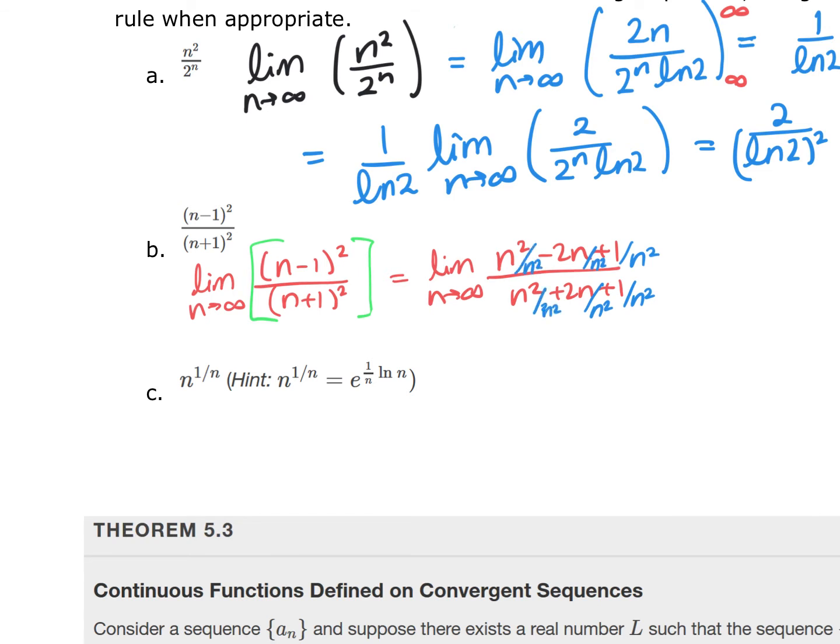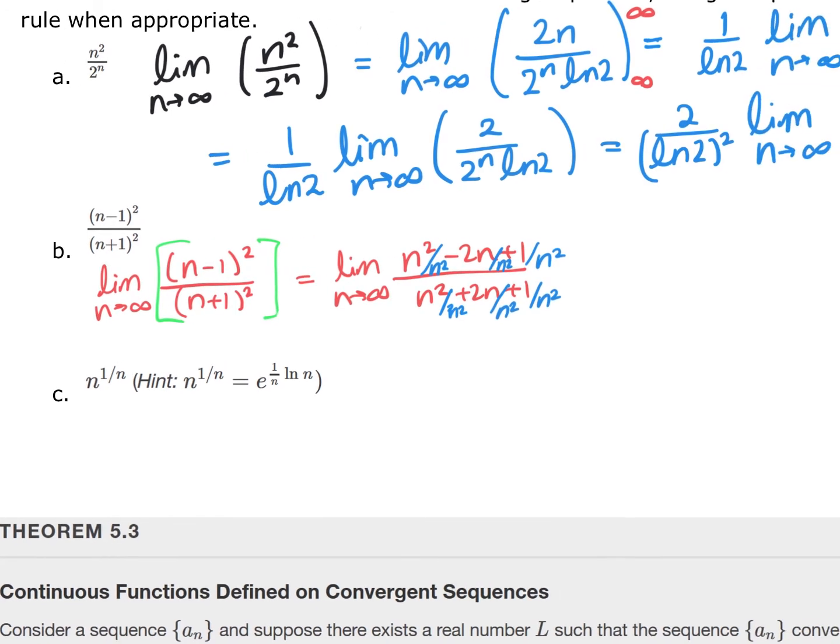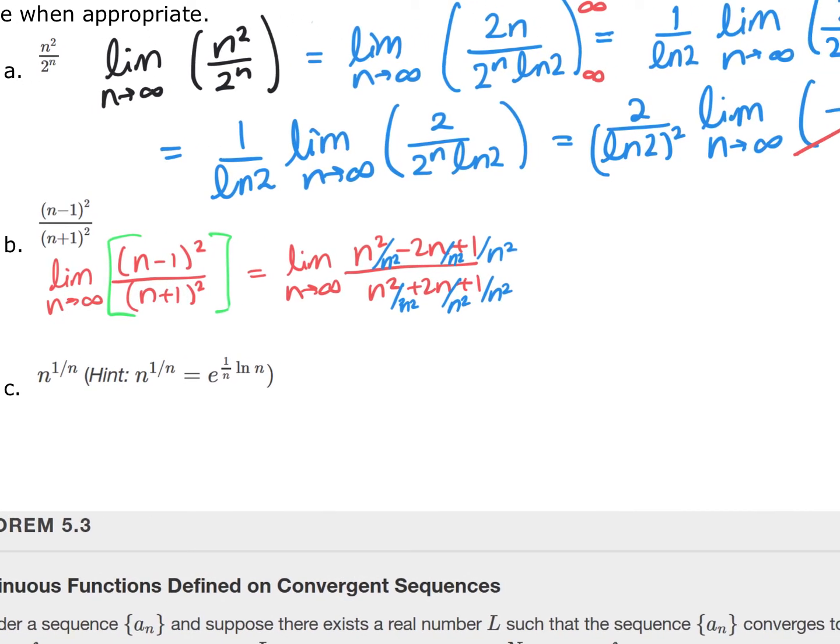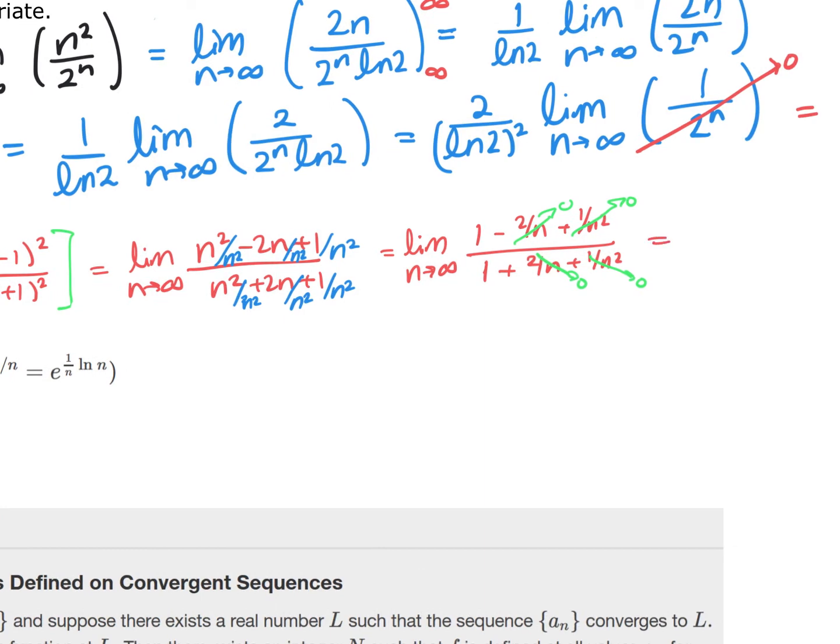And when we do that, we end up with the limit as n goes to infinity of 1 minus 2 over n plus 1 over n squared, over 1 plus 2 over n plus 1 over n squared. As n gets large, this goes to 0, and this goes to 0, and this goes to 0, and this goes to 0. So my answer is 1.